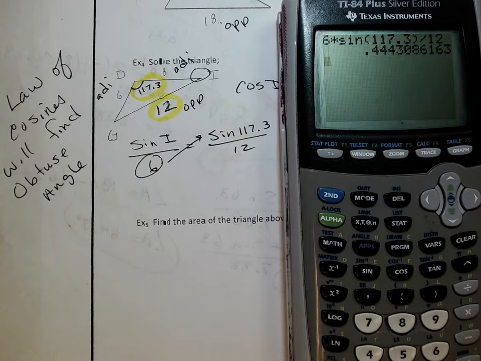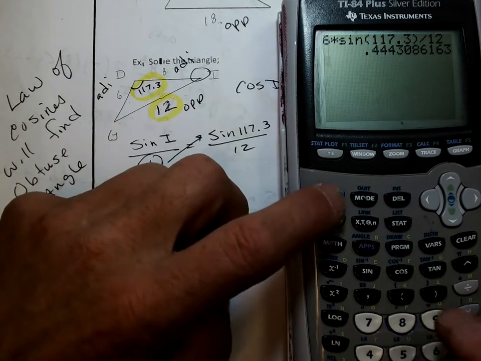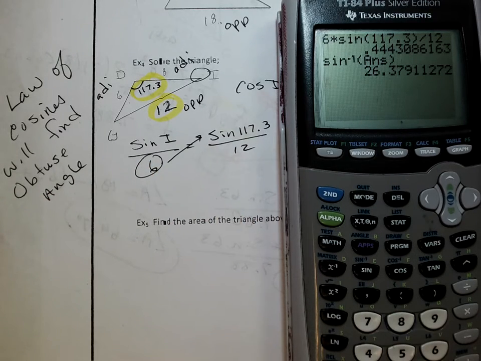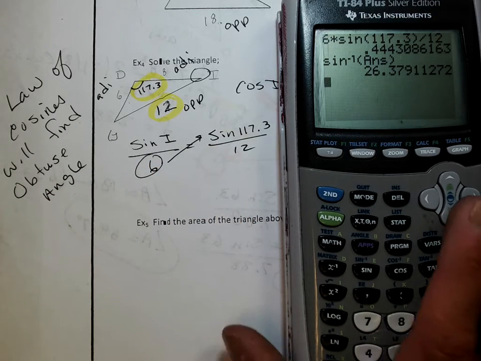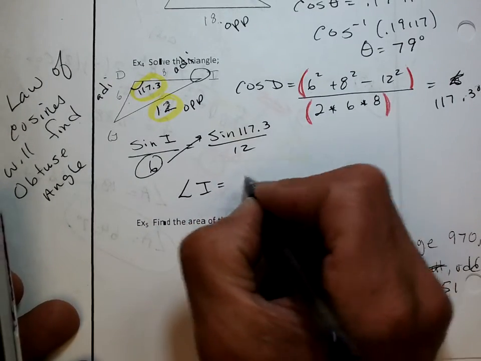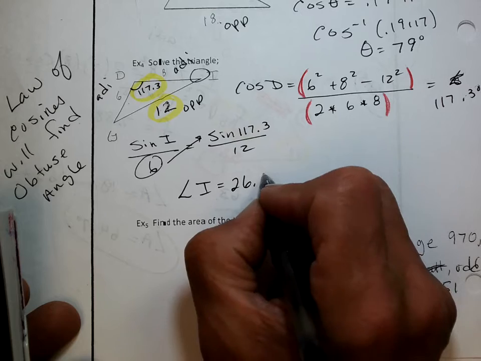Kind of anticipate that, right? Because we're looking for the angle, right? So we've got a sine inverse that because we're looking for an angle, and I get about a 26.4 degree angle. Okay, so angle I is about a 26.4.